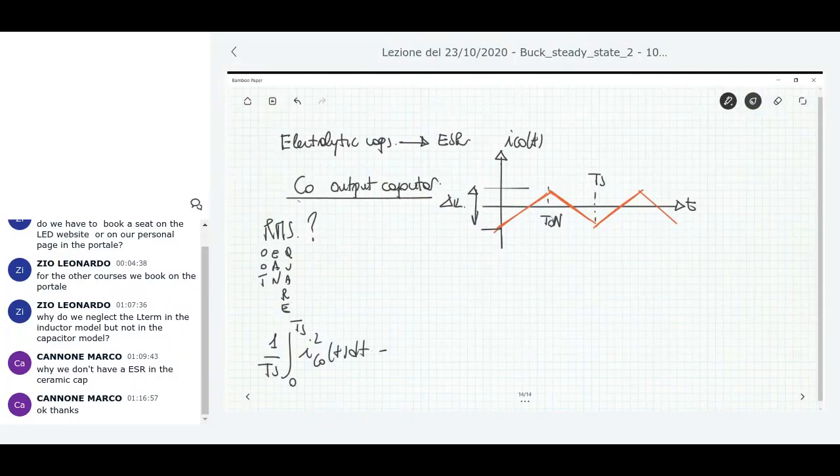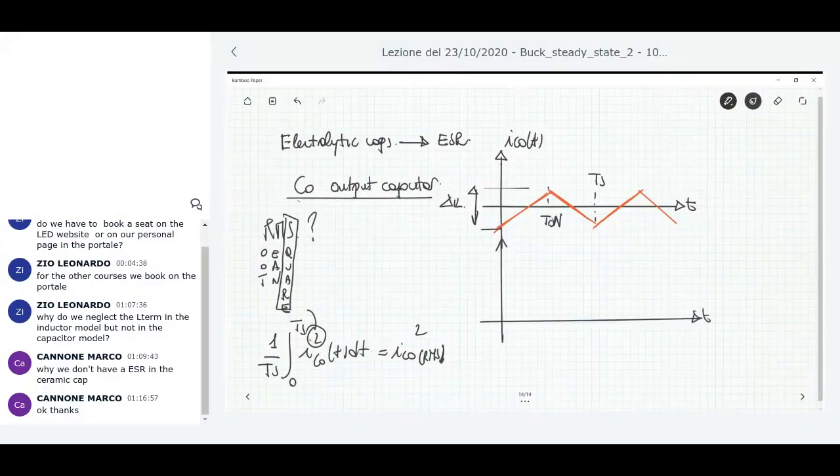This is the IC root mean square value. So as a first step, we have to square the current. Let me square IC0. If you square this, you obtain something totally positive.